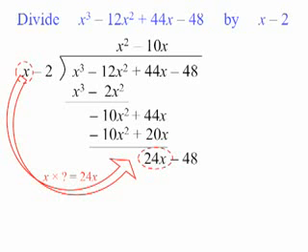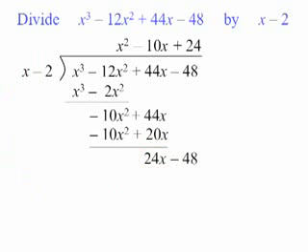Now we need to think, something multiplied by x gives us 24x. So that's obviously 24, and you need to write that above the line in the constant column. Then multiply the linear factor by that and write it underneath.